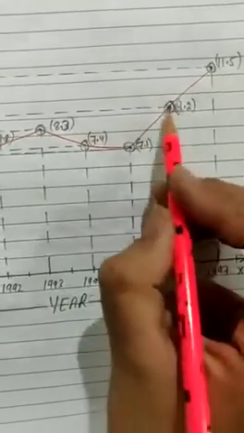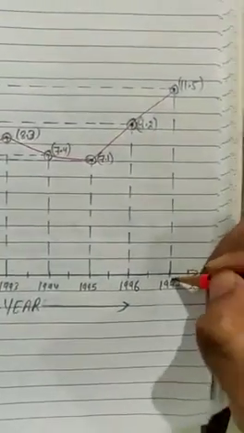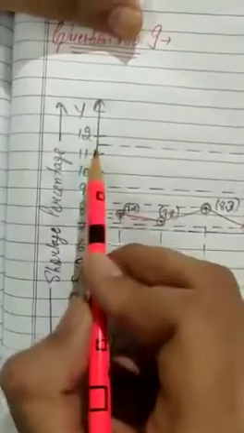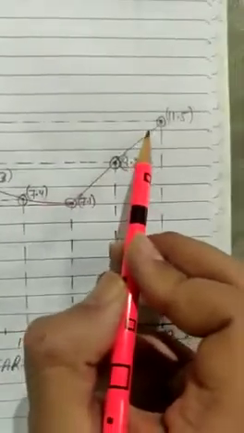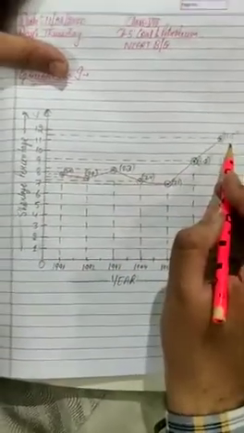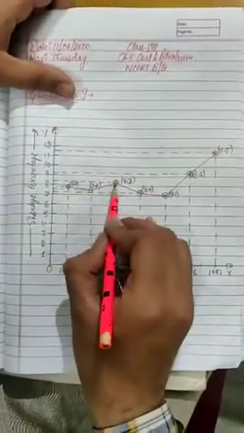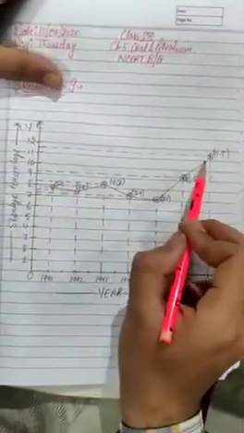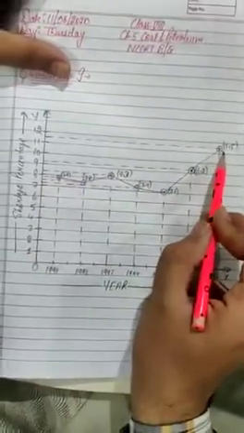And the next is 1997, it is 11.5. You can see 11 is here. In the middle of 11 and 12 there is 11.5, so we will mark 11.5. When you mark all the points, you have to join them with a single line so that all the points pass through the line.